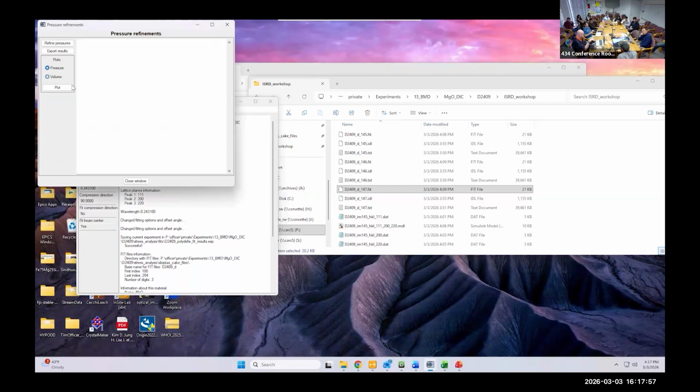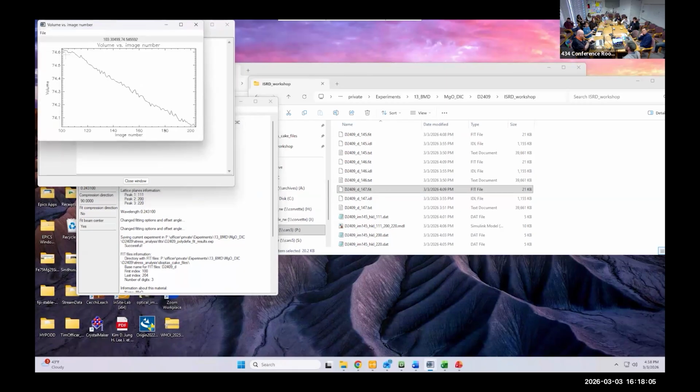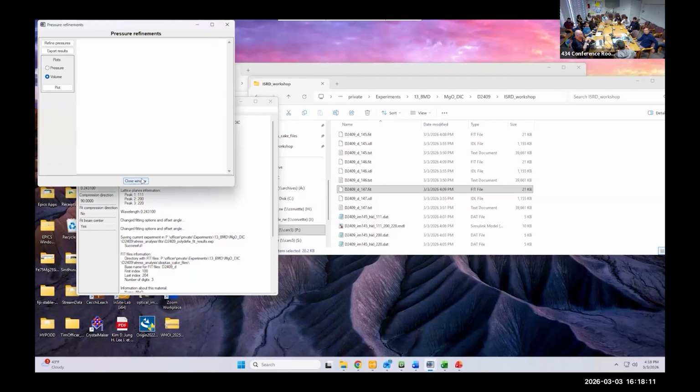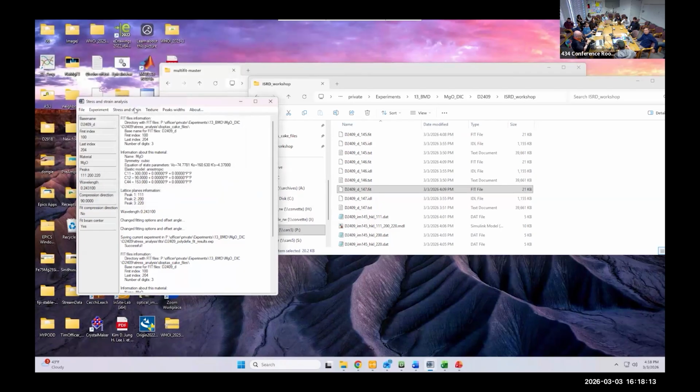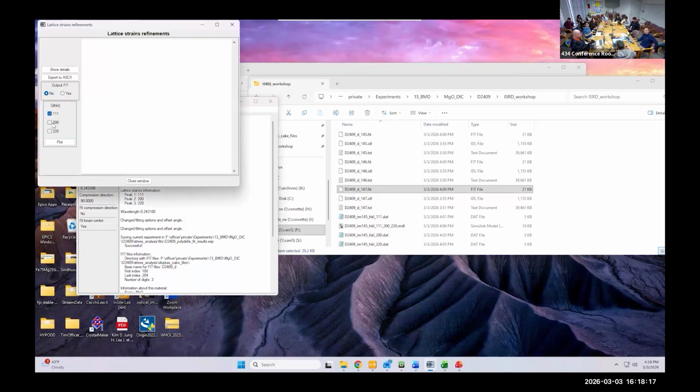Actually, the volume is just going to be the inverse of that, since they're inversely proportional. So the cell volume is getting smaller as the pressure goes up. Stress. That is strain. I don't think you can do stress. It's just the lattice strains.